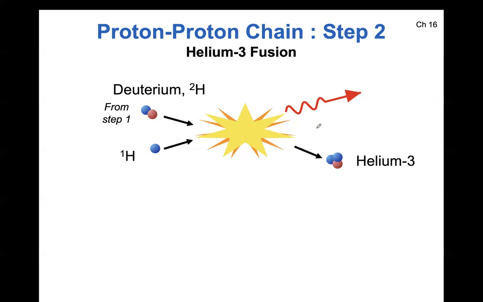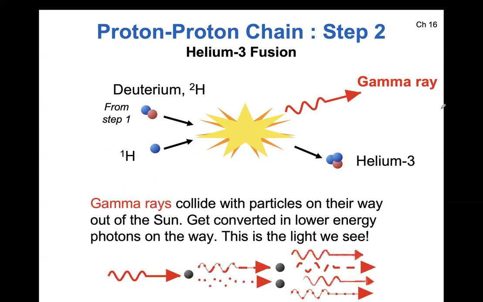Well, we get helium-3, yet another isotope of an element. In this case, an isotope not of hydrogen, but of helium. And also a gamma ray is produced. This conserves the energy in the proper way that this nuclear process works out.